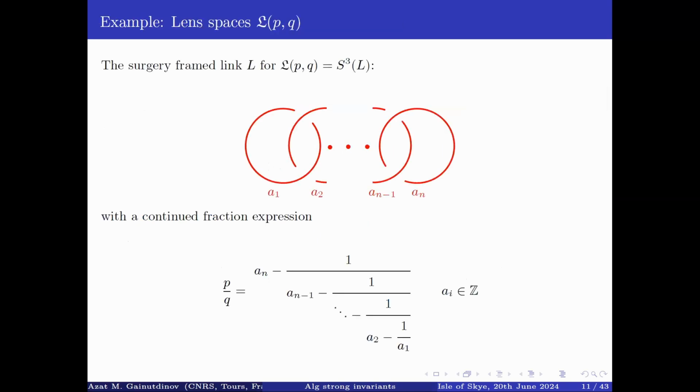Let me give an example for lens spaces. So this is the surgery link for the lens space L(p,q). My surgery links will be these ribbon graphs, and they will always be red. We take the continued fraction expansion of p over q. We get these numbers a_n, and these a_n play the role of framing. So it's just this chain link with these numbers as framing, and then you do surgery along this link, and you get a lens space.